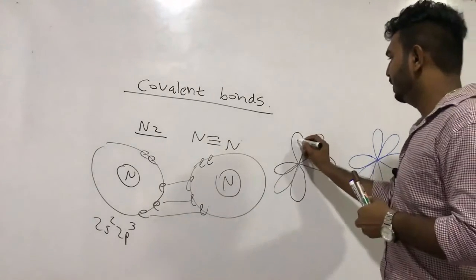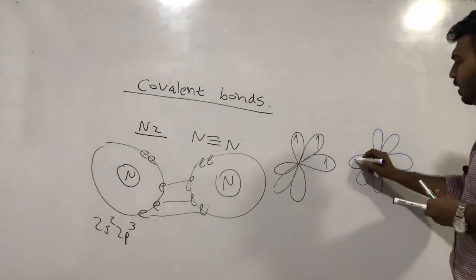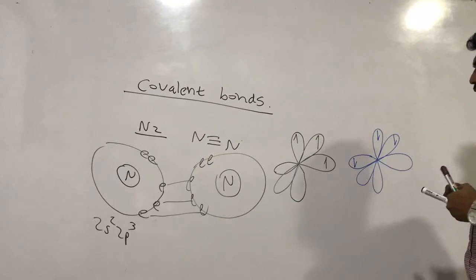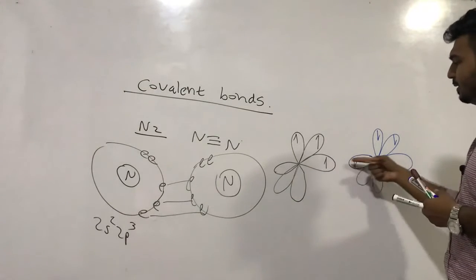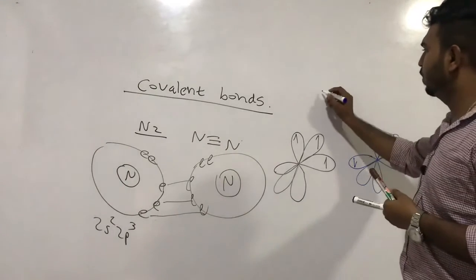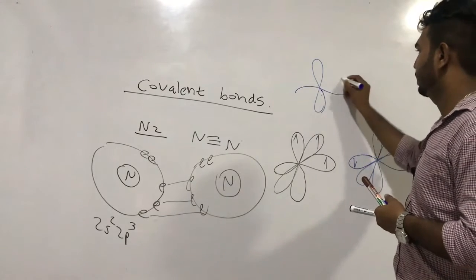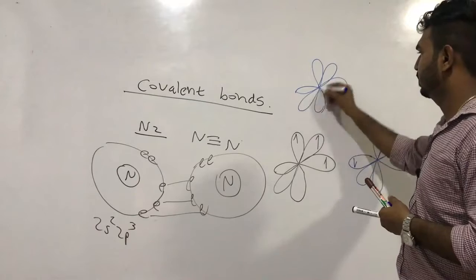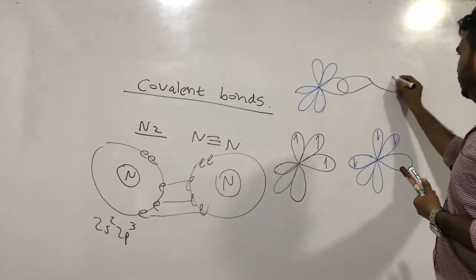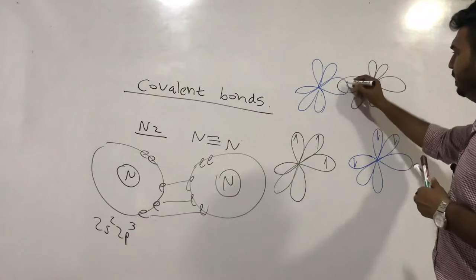So now there are 3 unpaired electrons. The spin should be different. So now we know that these two can be linearly overlapped, so we can draw those like this.